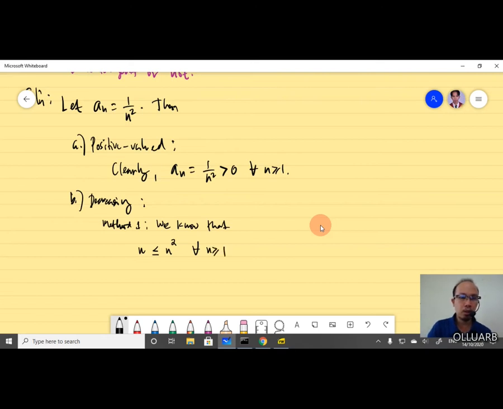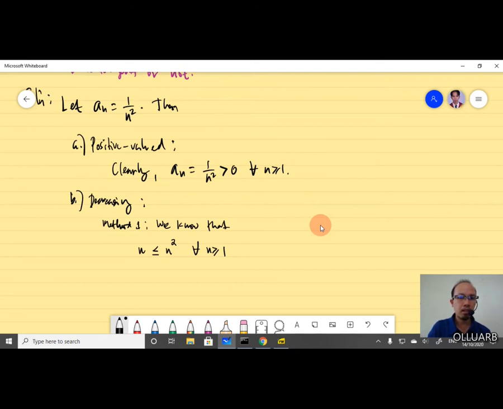Since we include equality here, because when n starts at 1, we have 1 is less than or equal to 1. But for n greater than 1, n squared is much larger than the left side.